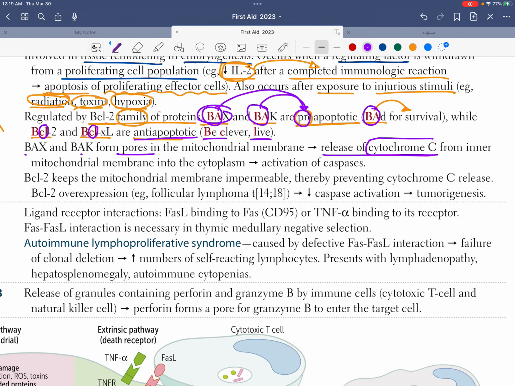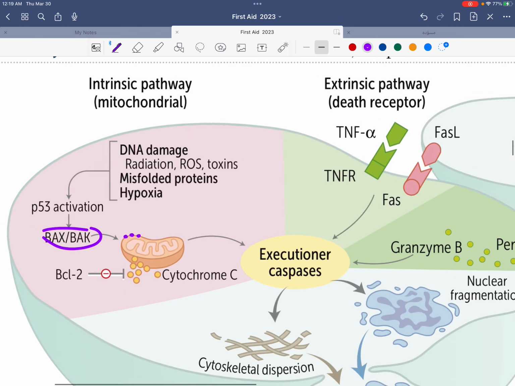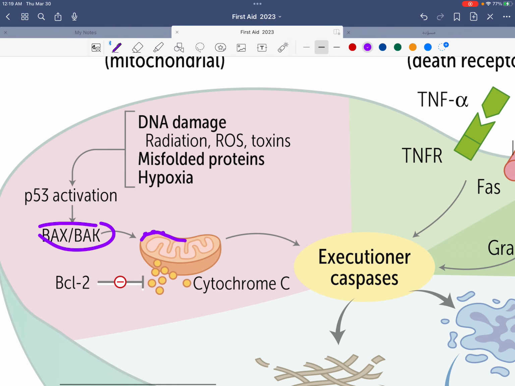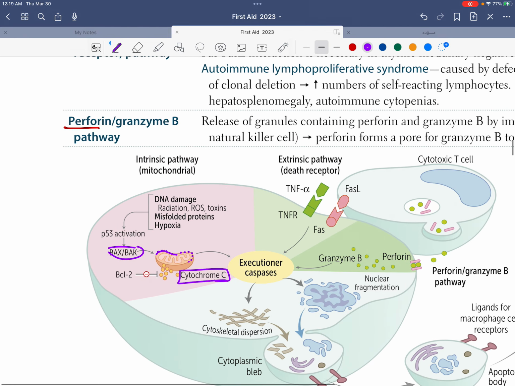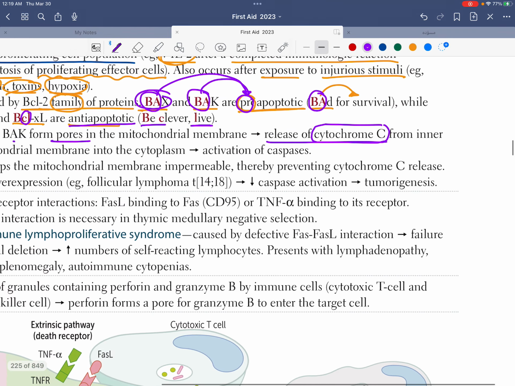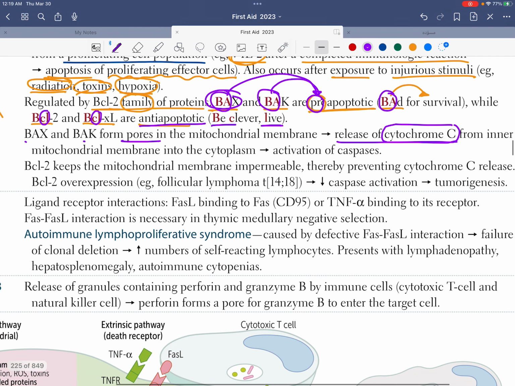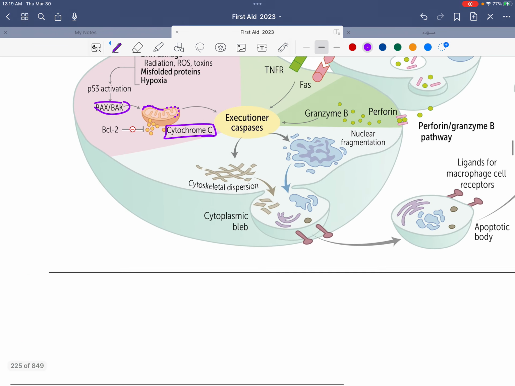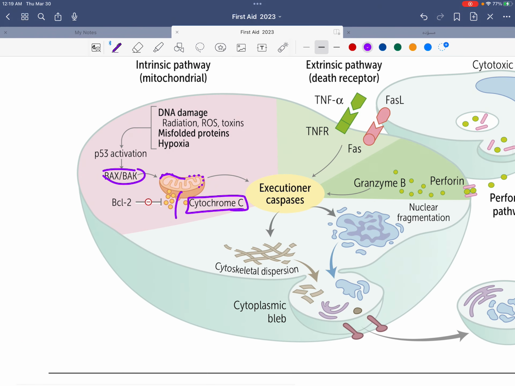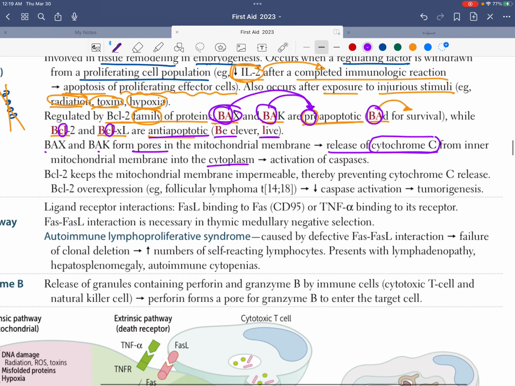Because now this nice, perfect mitochondria is going to have these openings, these pores, and is going to release cytochrome C from within into the cytoplasm, of course, because the mitochondria exists within the cytoplasm.